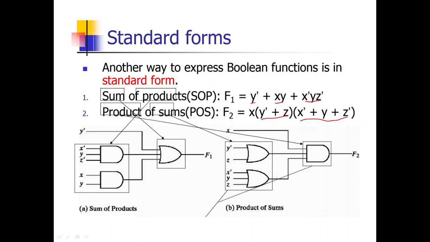And for product of sums, the sum terms are formed by OR gates, and the outputs of the OR gates are connected to an AND gate, so that we get the product of sums.